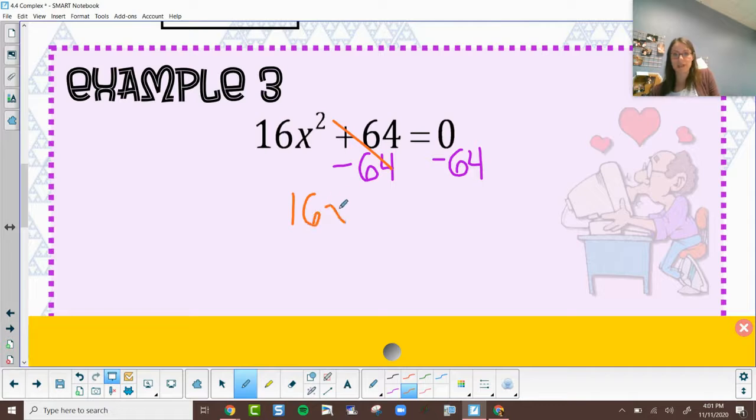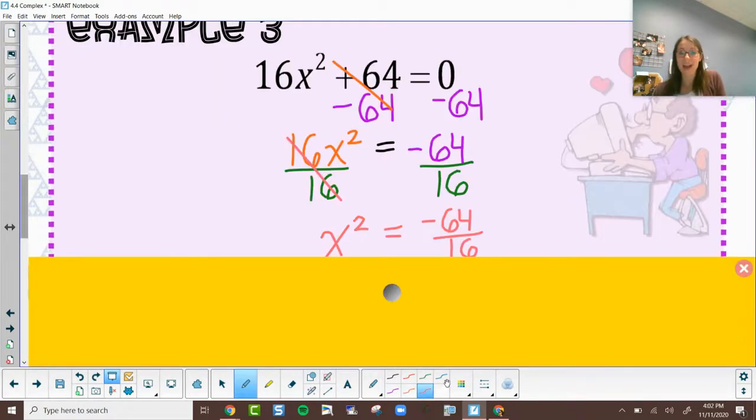So I have 16x squared is going to be left there in orange. And then I've got negative 64 stuck on this side. All right, I'm still solving for x, so I'm going to divide by 16 on both sides, keep everything nice and balanced. And so now what we can do is square root both sides.